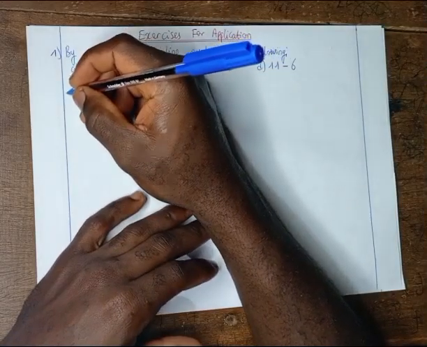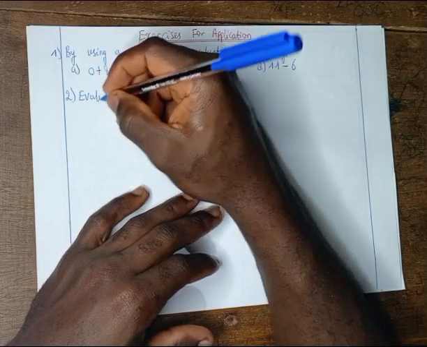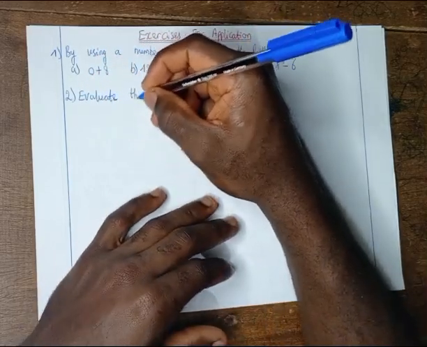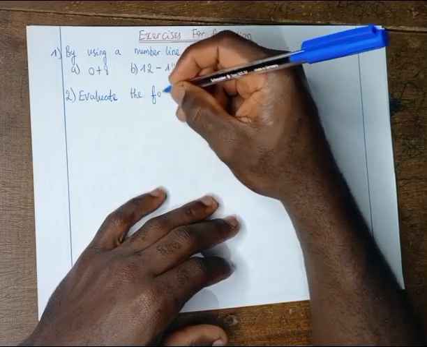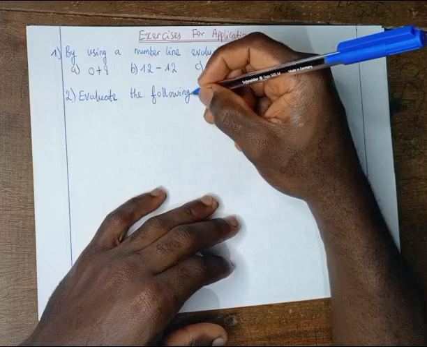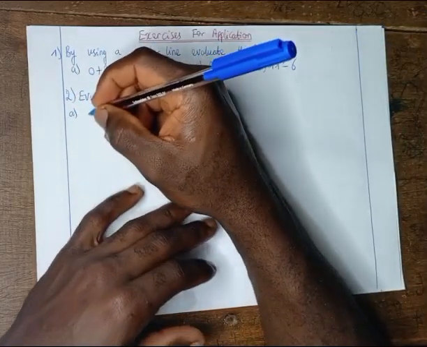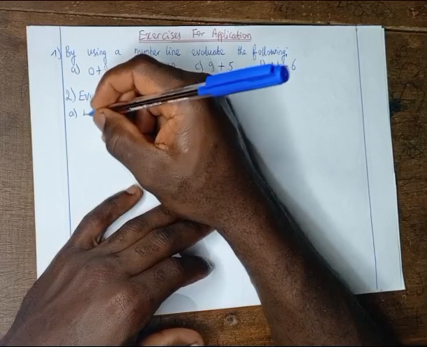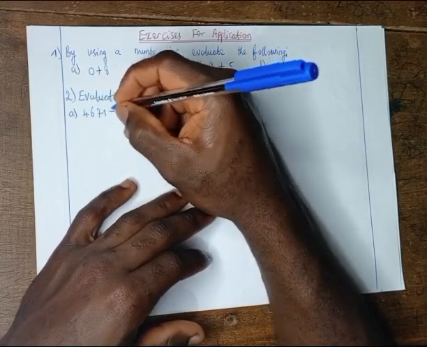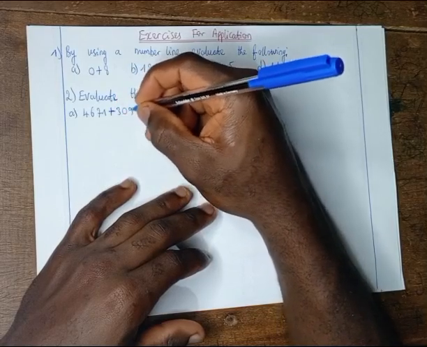Question 2, evaluate the following. Question A, we have 4,671 plus 3,099.